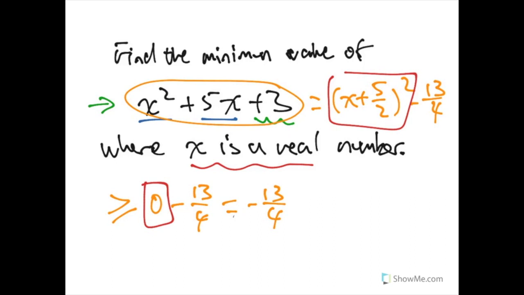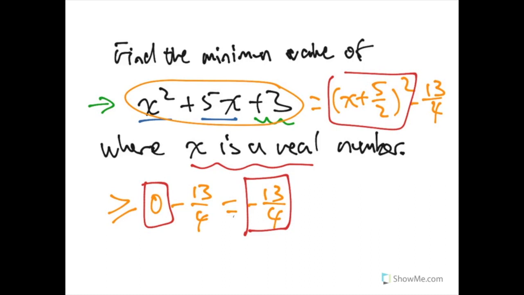And we have one last step to do, and that is to show that this value, negative 13 over 4, is actually achievable. Because if it isn't achievable, it means that our minimum value isn't actually negative 13 over 4, and we'll have to dig deeper. But perfecting the square gives us a really easy way to see if we have found a minimum value.